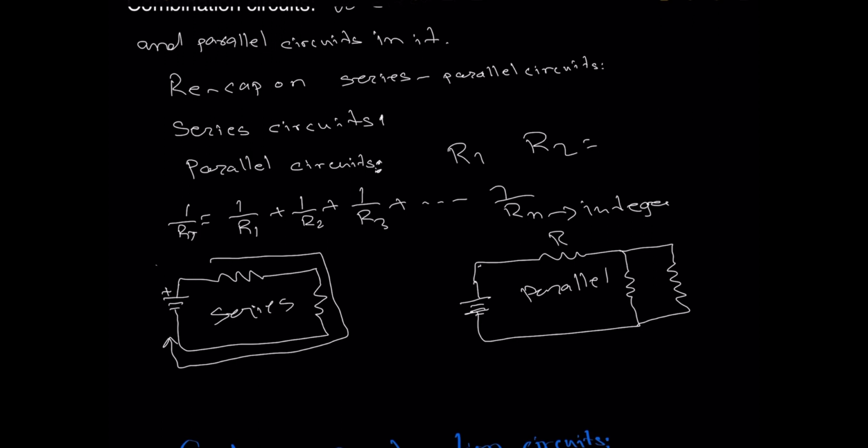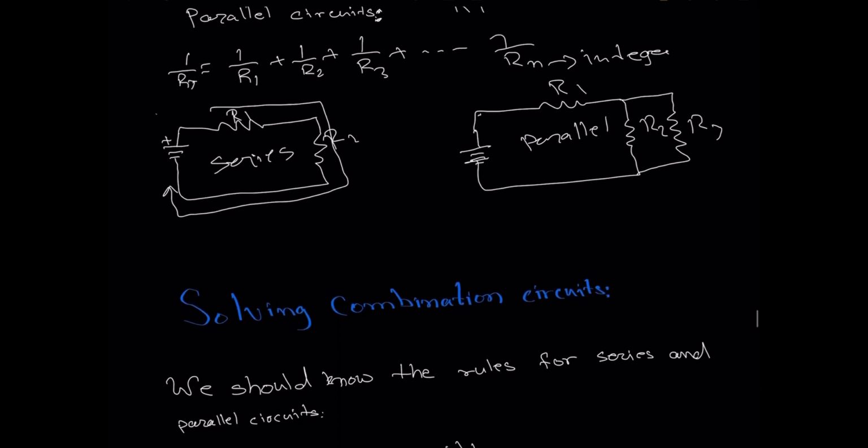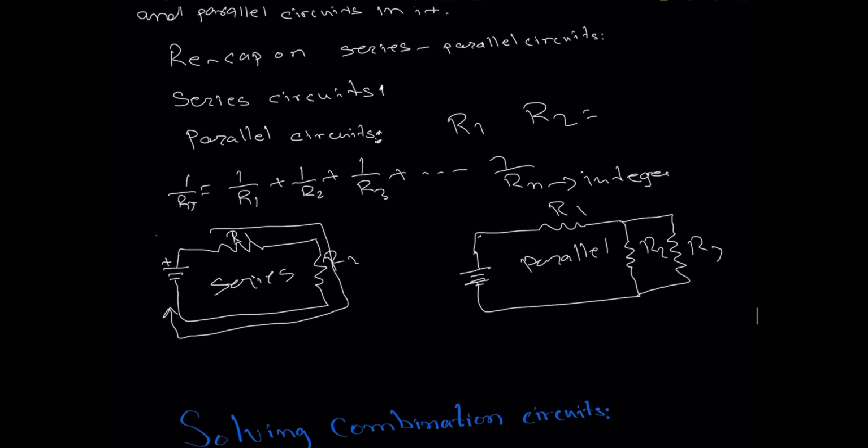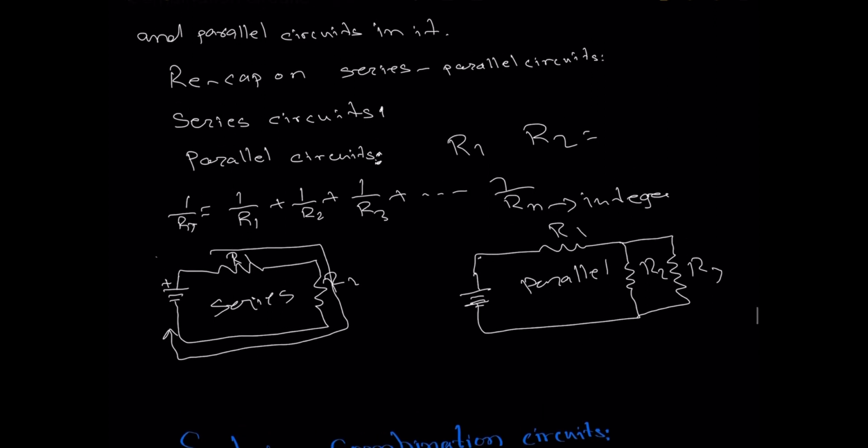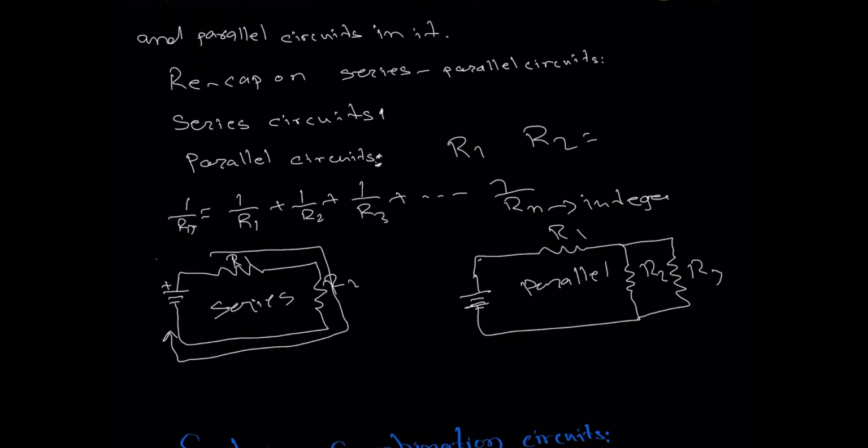How you name the resistors, R1, R2, R3, whatever, is totally up to us. We just have to remember which ones we gave numbers to, because we don't want any confusion there. I hope that's clear.